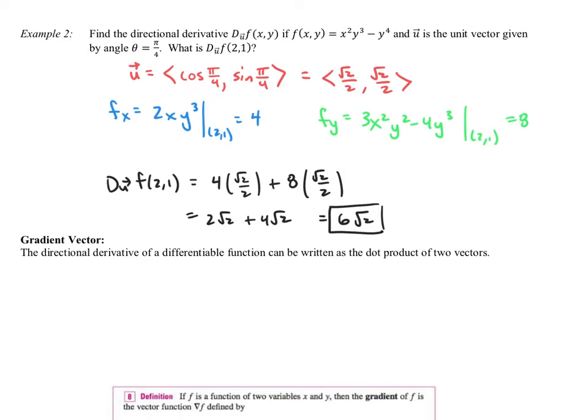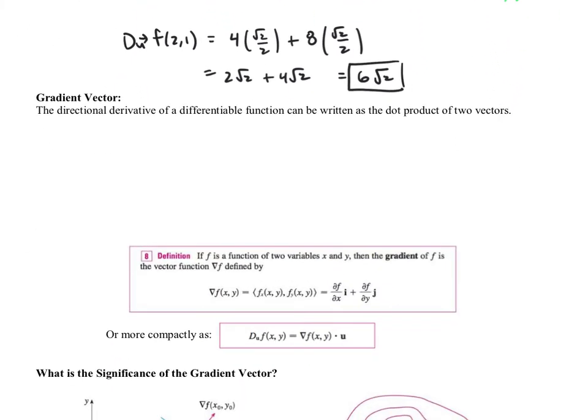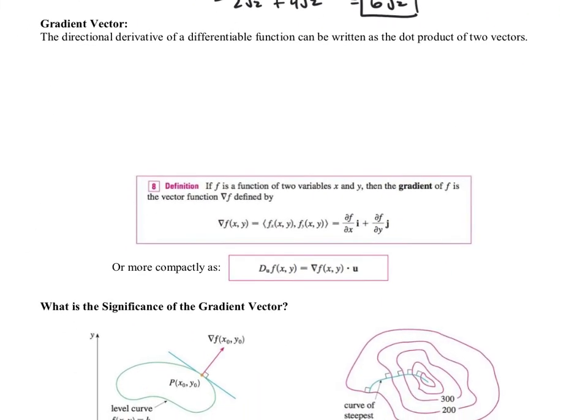Okay, the next part is on the gradient vector, and this is a really important concept that we end up using a lot in the future sections here. The gradient vector is written here below, and I'm going to try to explain kind of what the impact of this has on the directional derivative itself. But keep in mind, and this is where our textbook is a little bit confusing because they use a bold technique in order to communicate a vector.